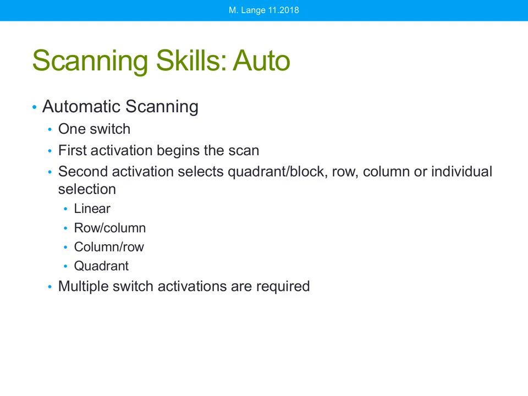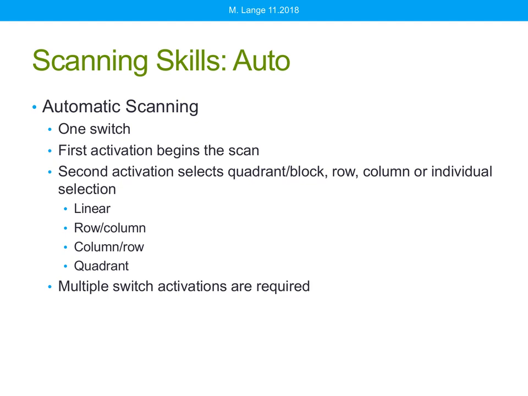So we have a lot of different scanning strategies. We can scan automatically in a linear fashion, row column, column row, or quadrant. Regardless, multiple switch activations are required to get through the vocabulary so someone can make a selection.